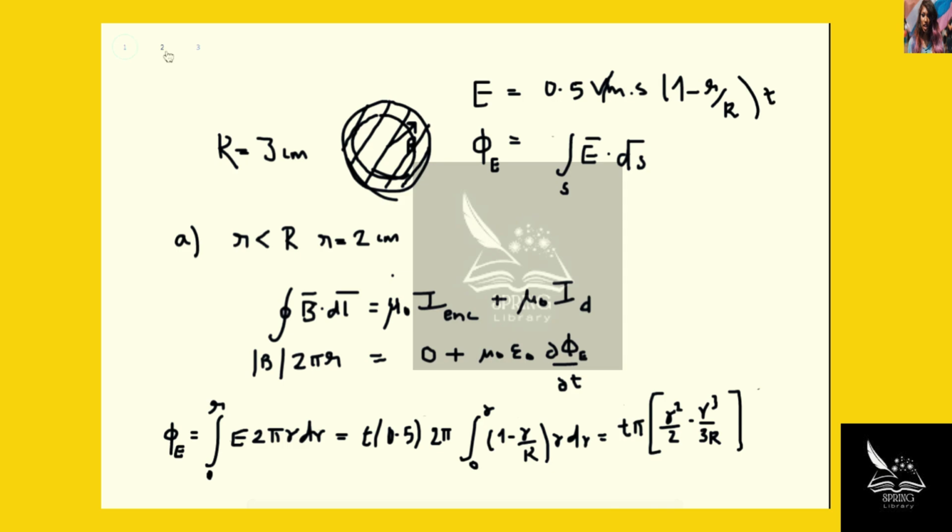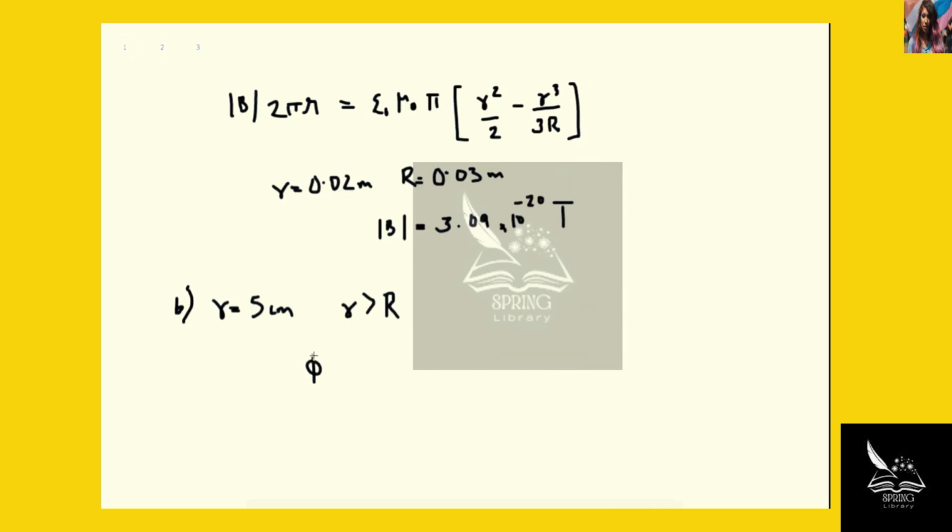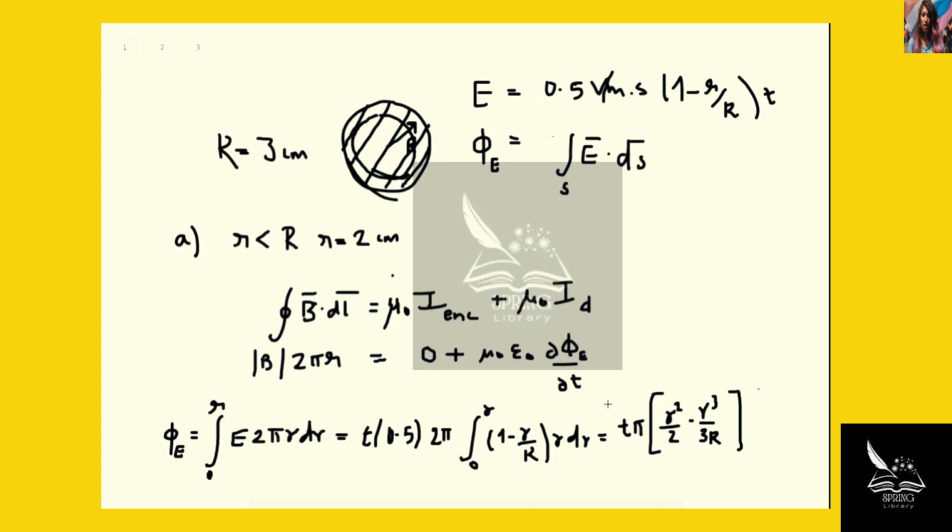If I take capital R, then phi of E all the way up to capital R is equal to t pi, capital R square over 2 minus capital R cube over 3R.